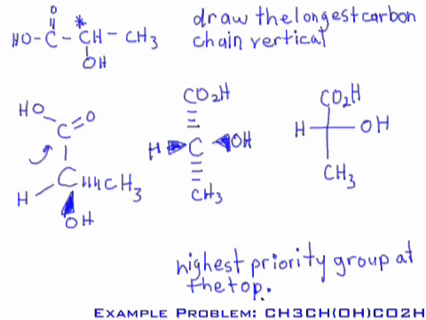Now, the reason we've learned to draw Fischer projections following a fixed convention, a set of rules, is that it allows us to determine if 2 Fischers are the same molecule, that is superimposable, or they are a pair of enantiomers, that is non-superimposable. And Fischers can be drawn in a wide range of orientations following the first 3 rules on the previous screen. These 2 rules are optional.